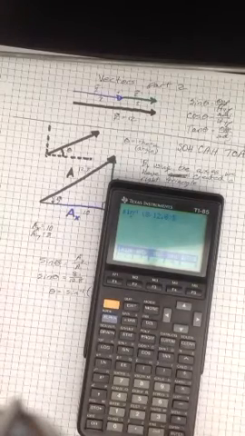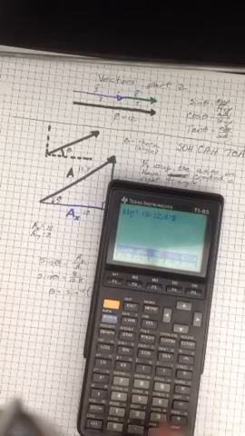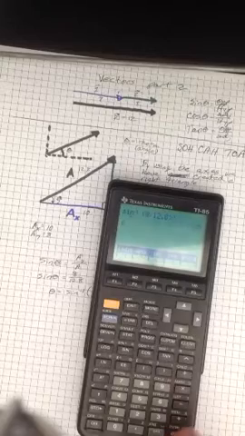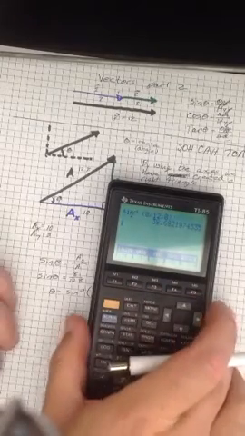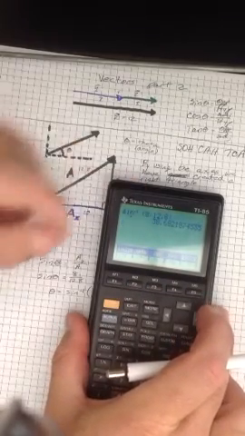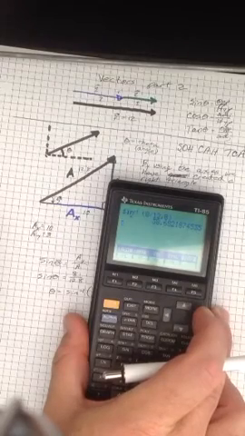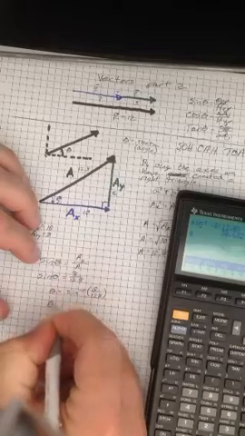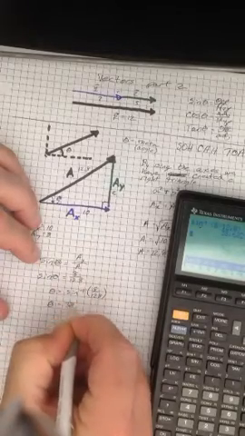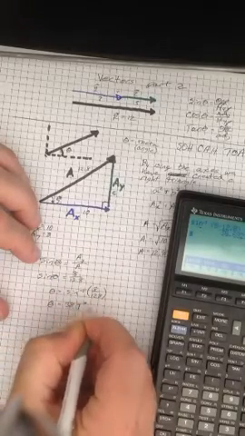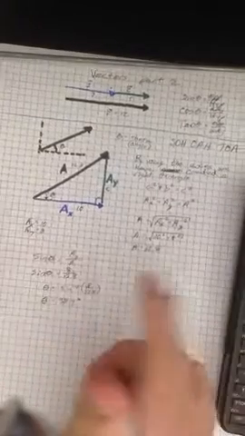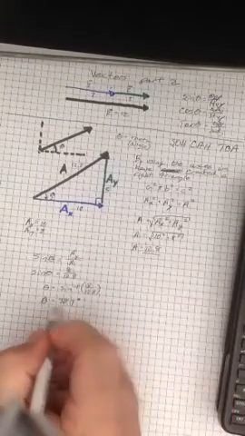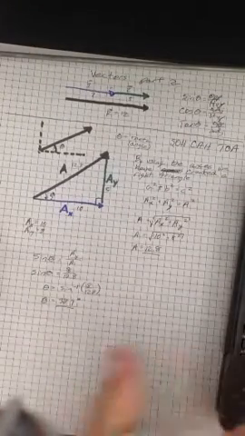So I'm taking an inverse of that particular function. Then I hit enter, and I get theta is 38.7 degrees. It says 38.682, so I'm going to round. So theta equals 38.7 degrees. Now I have my magnitude and my direction, and it's all together.